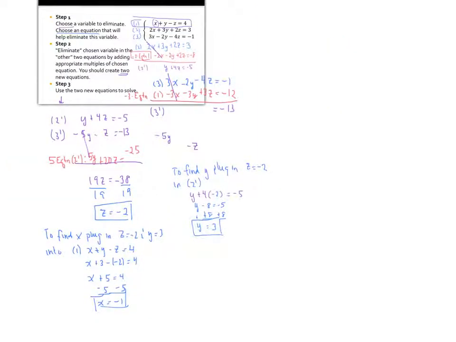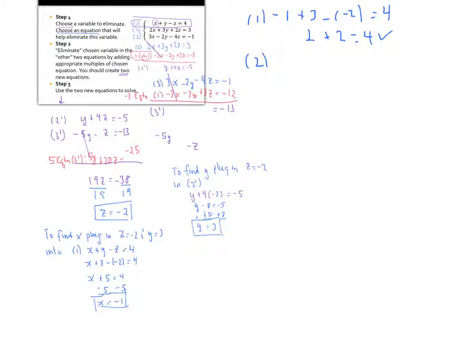All right, and so now we can check. We check all equations. For example, in equation 1, notice that you have -1 plus 3 minus -2 is supposed to be equal to 4. Sure enough, -1 plus 3 is 2, and 2 plus 2 is 4, so that one checks. And you should actually check all of them.